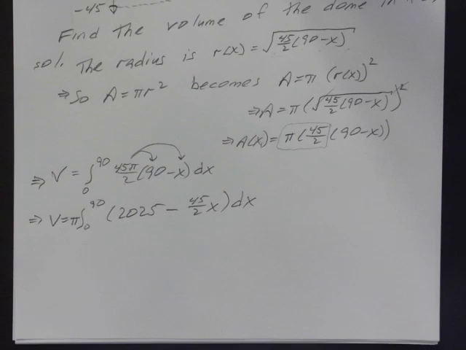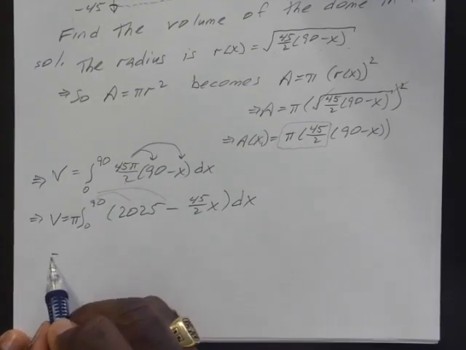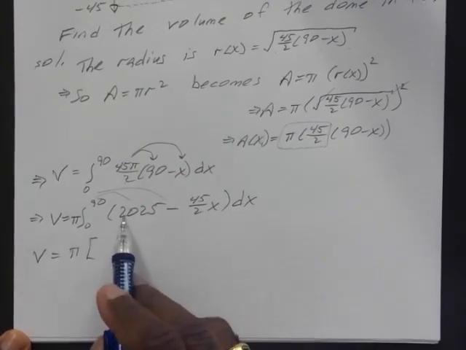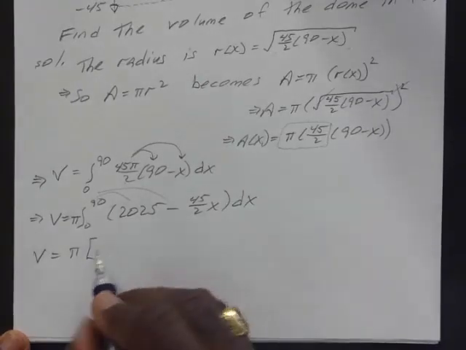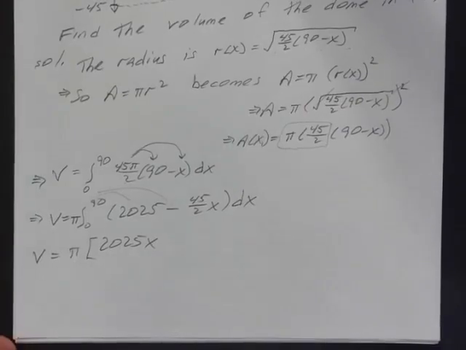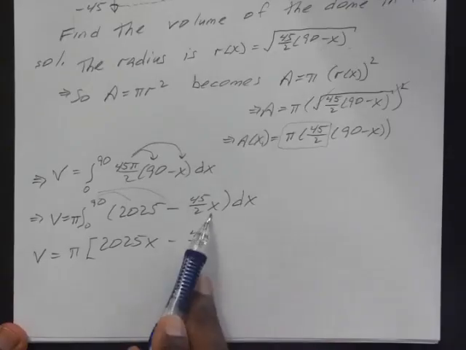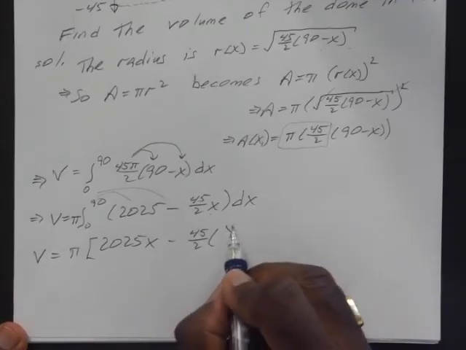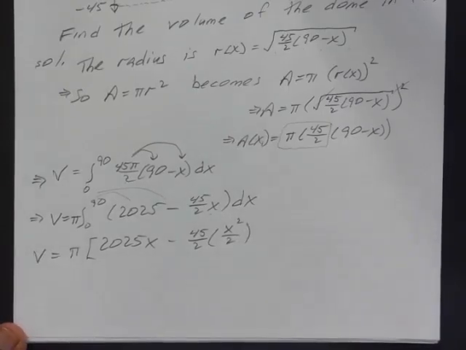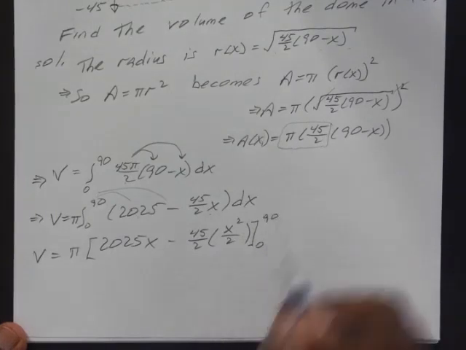Okay, so from there, we just go ahead and integrate each one of those terms. It's pi times the integral of 2025 x minus 45 over 2 times the integral of x, which is just x squared over 2. And that's from x equals 0 to 90.